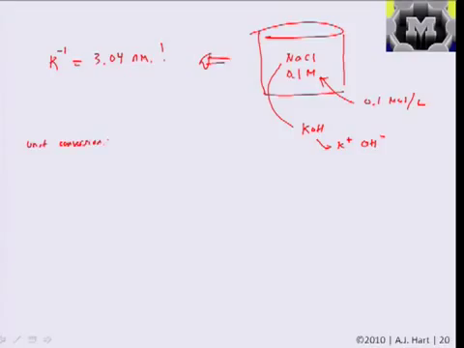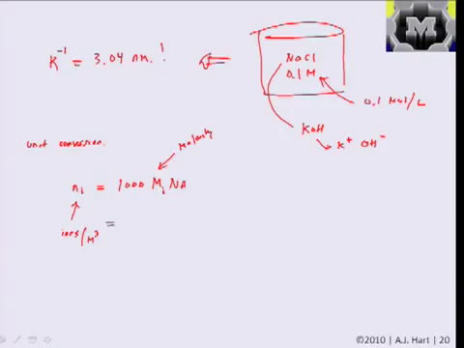A possibly useful conversion is that the number of ions per cubic meter of volume would be equal to 1,000 times the molarity, which we define as, say, 0.1 mole per liter above, times N sub A, which is Avogadro's number.